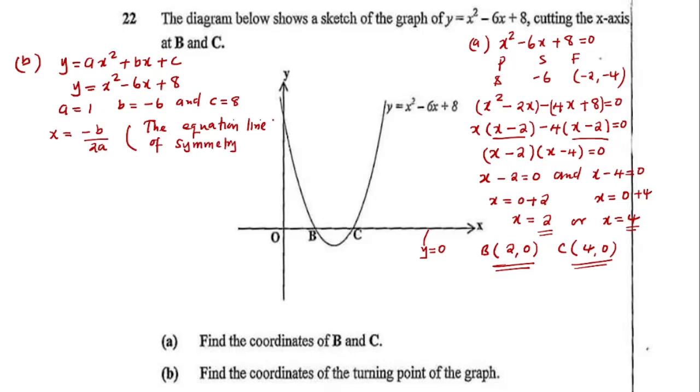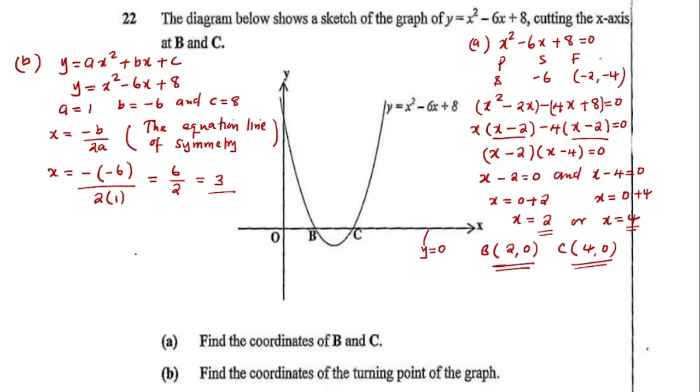So x is equal to negative b, and b is negative 6, divided by 2 times a, and a is 1. So negative multiplied by negative 6 gives us 6 over 2. If you divide, the answer is 3.